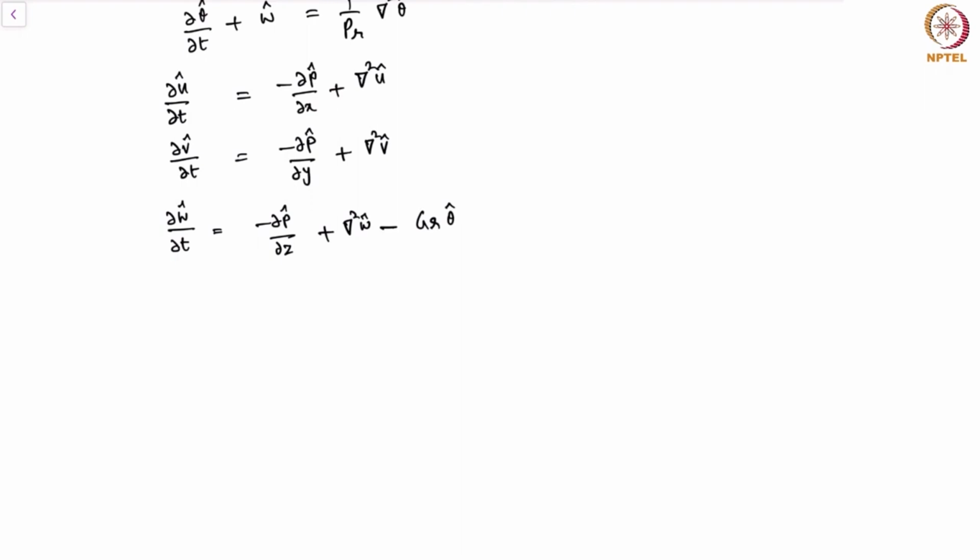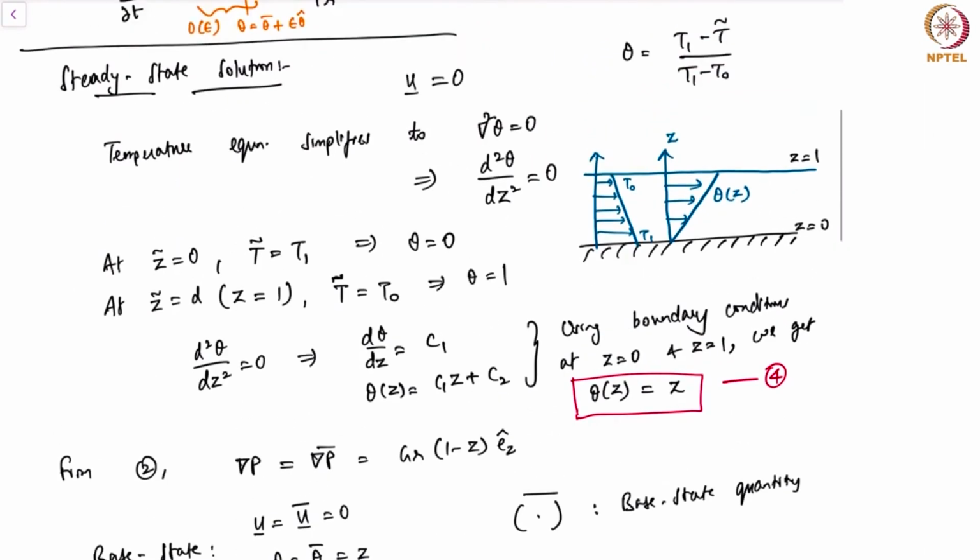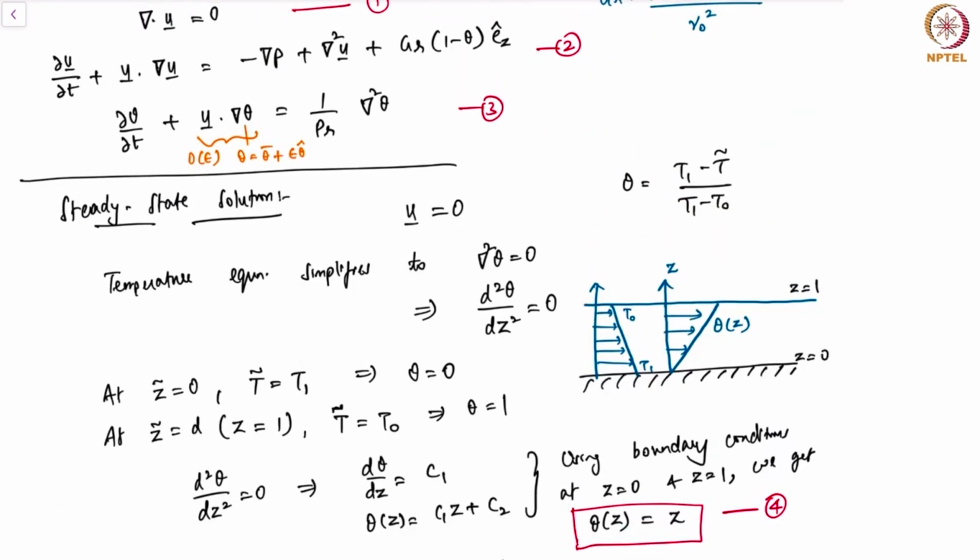If you remember the equation that we had was gr times 1 minus theta, right? So if you substitute the expression for theta, theta would be just theta bar plus fluctuation.